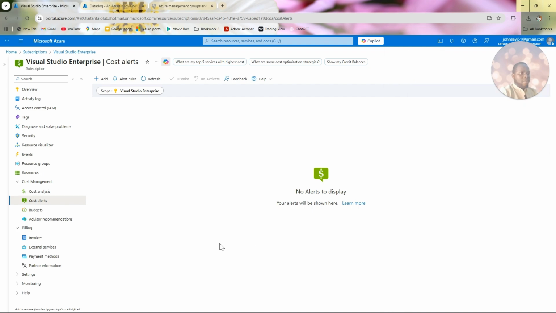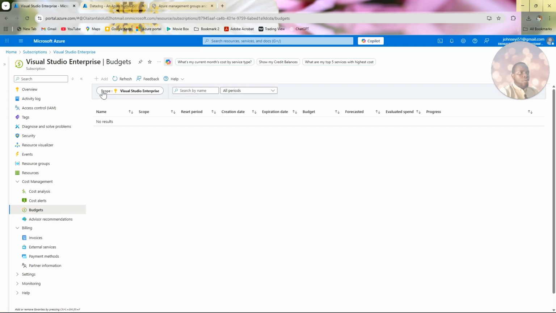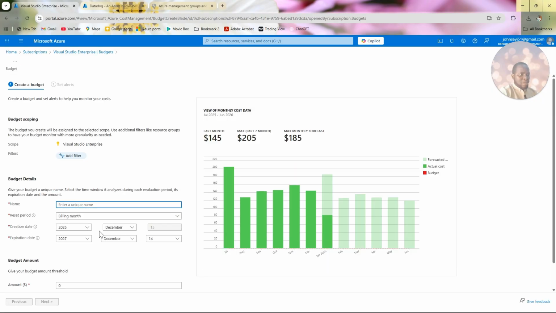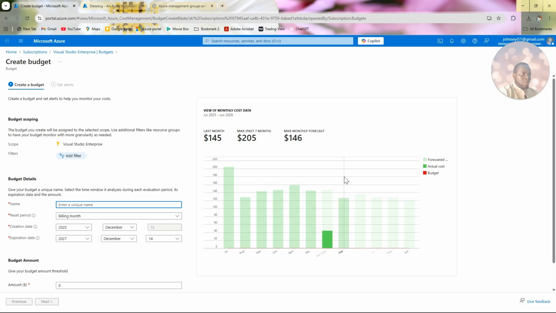The next thing again is budget. What budget means is, okay, what's my budget for this month? What do I want to spend for this month? You understand? For this time period, from this to this time, you can now see my budget for the past how many months. I can say, okay, for last month, I spent this. My max in the past 7 months is this.